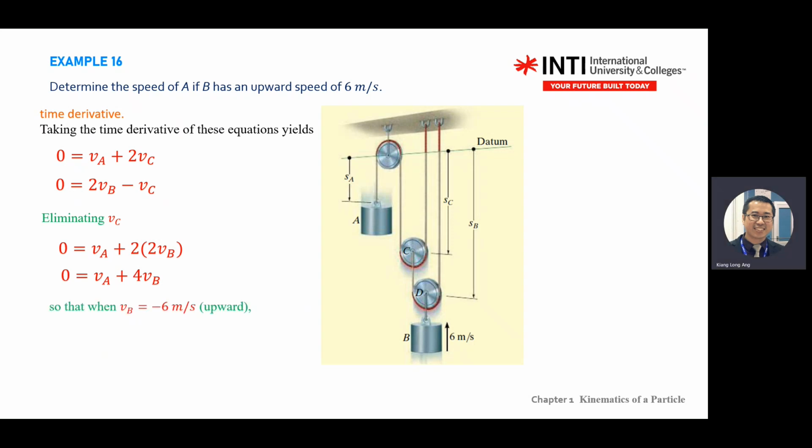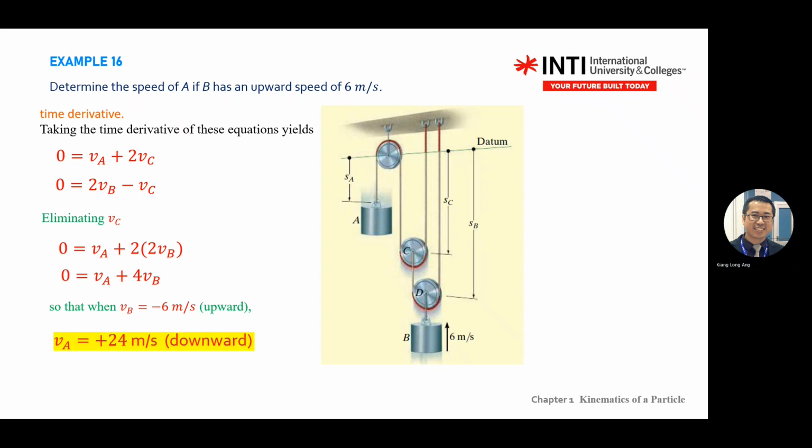Then you substitute the speed. Again, the speed that you see in the question is positive. Look carefully at the datum given. VB in the question is pointing up, positive 6 meter per second. However, the datum is positive going down. So when you substitute the velocity, be careful. In this case, moving up, you get negative 6 meter per second.